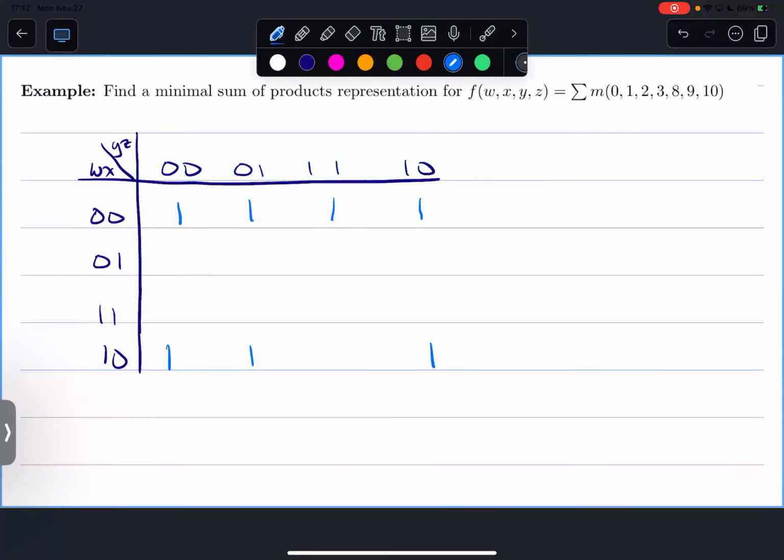The goal is as large of a group as you can possibly make in as few moves as possible, right? They're allowed to overlap, but not too much.